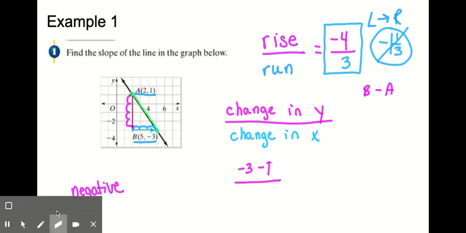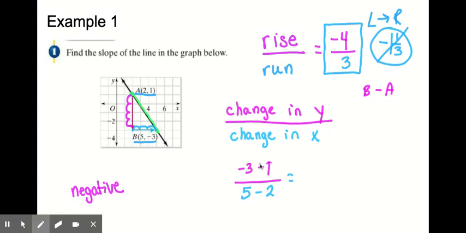Over my change in x values. Again, B minus A. So 5 minus my x value in point A, which is 2. And then I'm going to solve. So -3 minus 1 is the same as -3 plus -1, or -4.